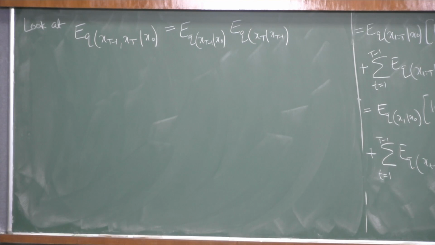Okay, so computing the expectation over the joint of t minus 1 and t conditioned on x naught will be the same as the product of the t minus 1 given x naught and t given t minus 1 terms, and this is a consequence of the Markovian property, which we could understand as follows. Consider the graph, with x naught, and t minus 1.